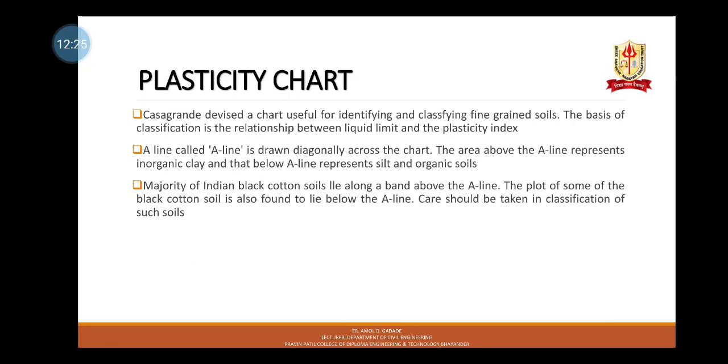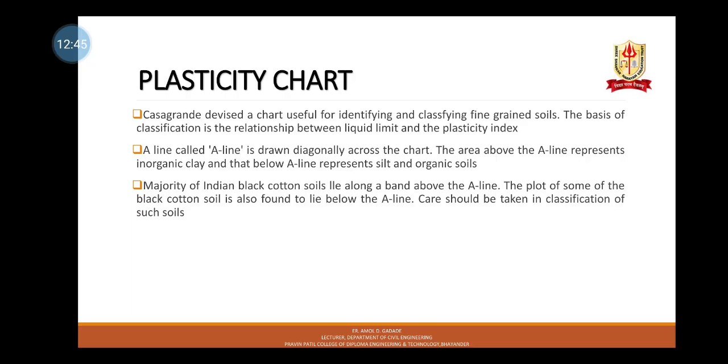So, talking about the plasticity chart, Casagrande devised a chart useful for identification and classifying fine grained soil. The basis of classification is the relationship between liquid limit and plasticity index. A line called the A line is drawn diagonally across the chart.